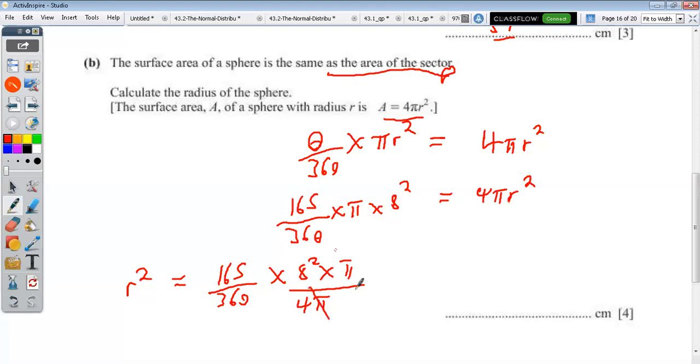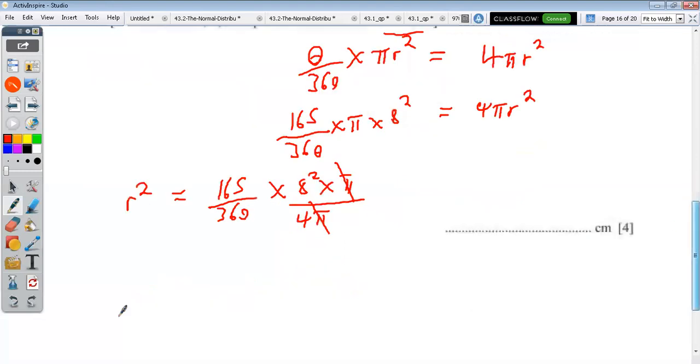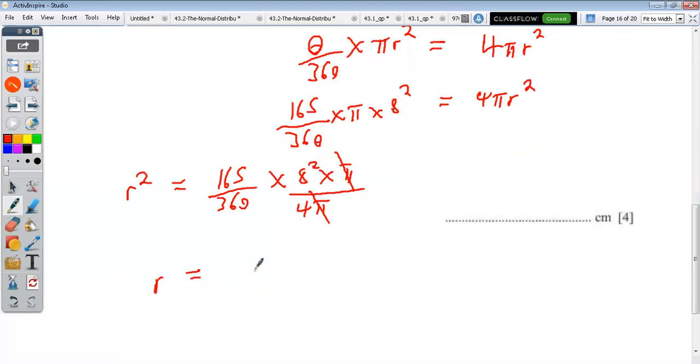Pi cancels. Clear now? Yes, sir. So it simply means r is the square root of 165 multiplied by 8 squared, 64, divided by 360 times 4.